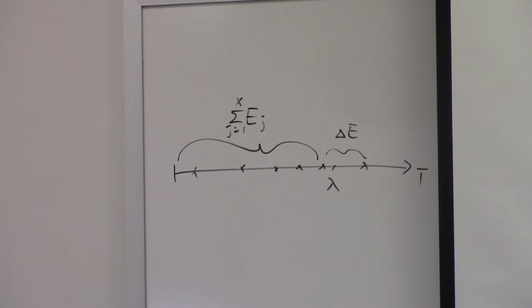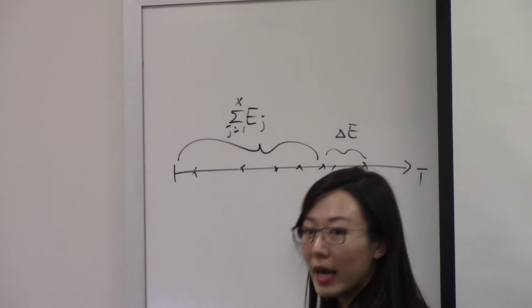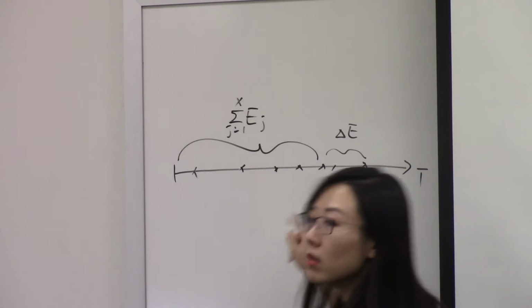Then what I said previously on this slide translates into this: for each lambda_i, it belongs to this G_i, which is just the sum of the previous x number of exponentials.